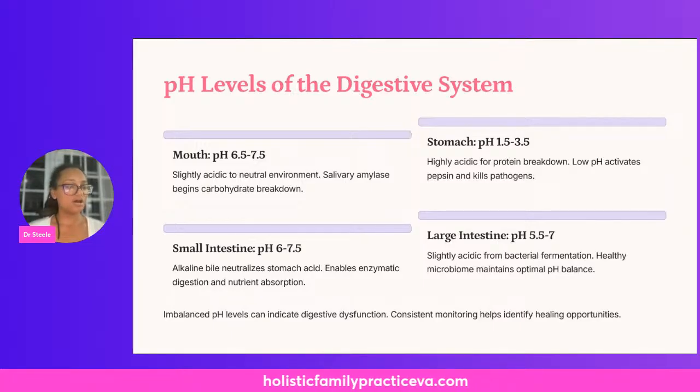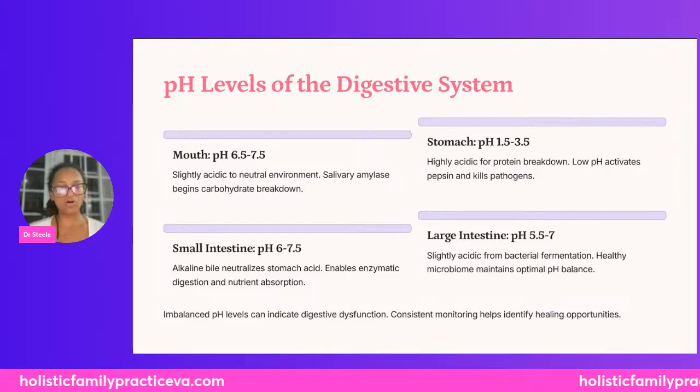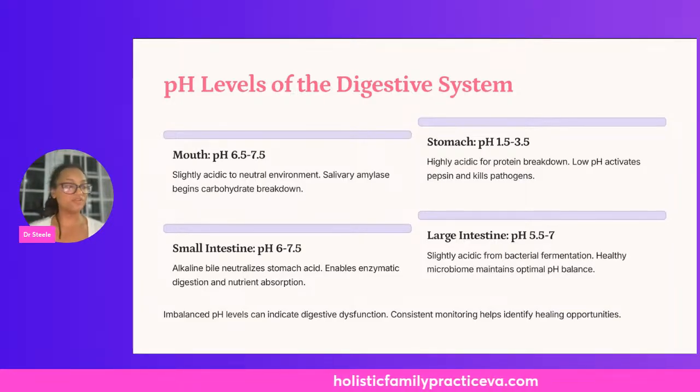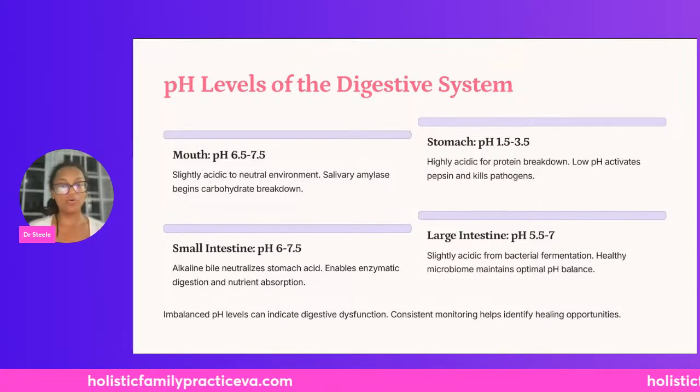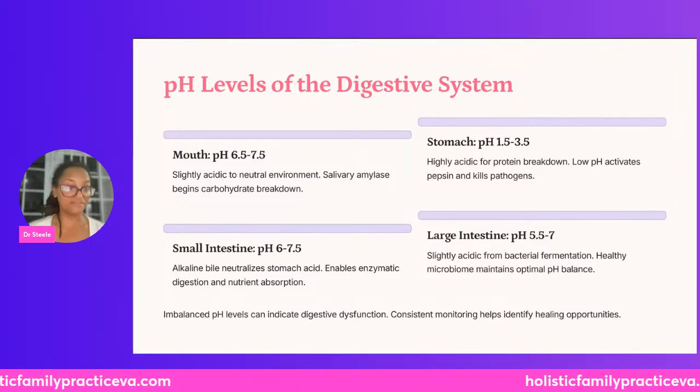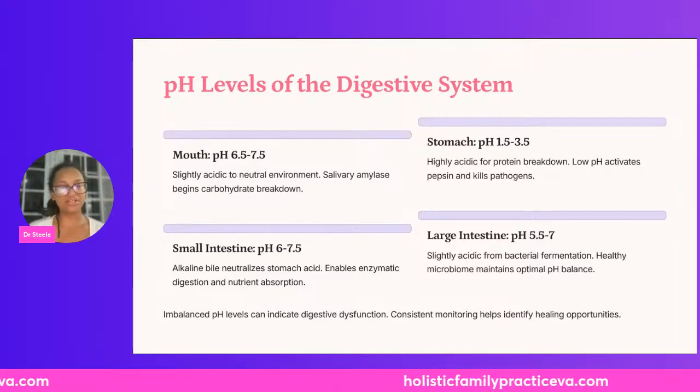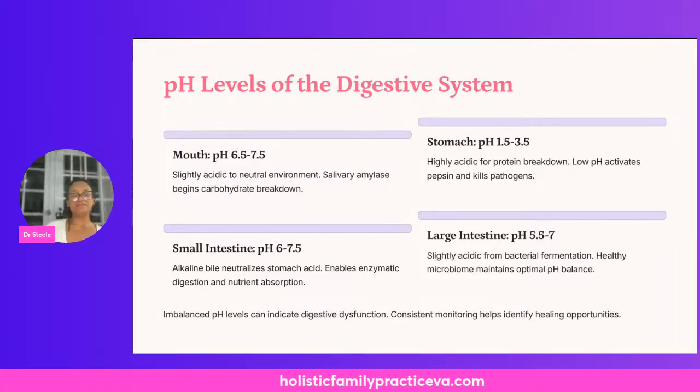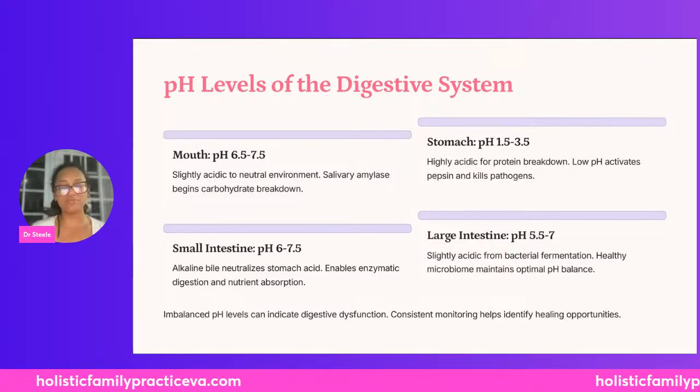Remember, the bile is created in the liver and then stored in the gallbladder. Bile is definitely a challenge for a lot of people, especially if they're eating a high fat diet or not a balanced diet, or they don't have enough stomach acid. Then maldigestion happens. This more alkaline state enables enzymatic digestion and nutrient absorption.